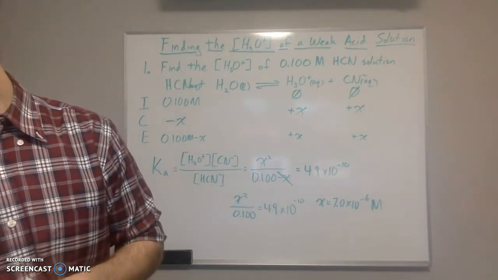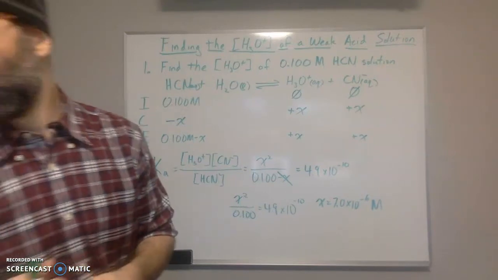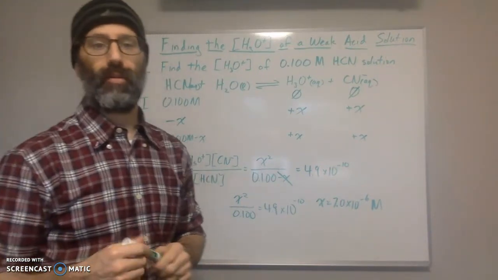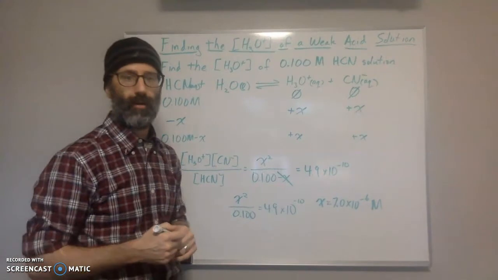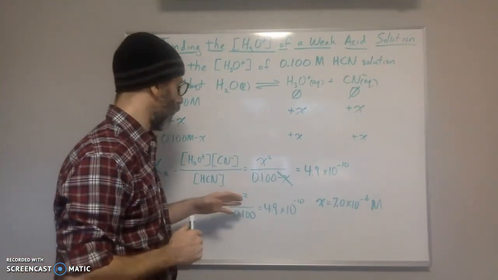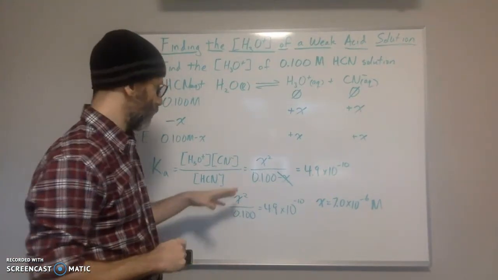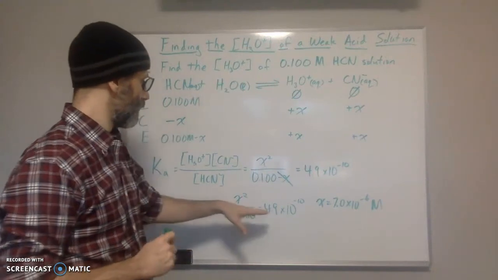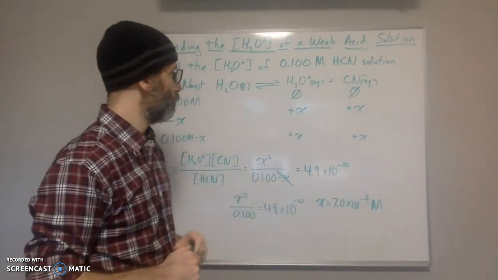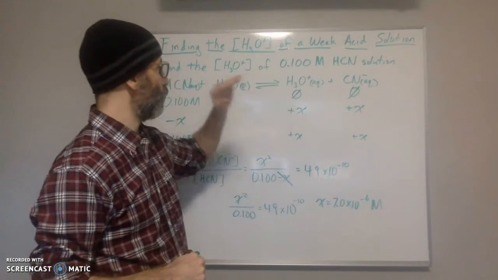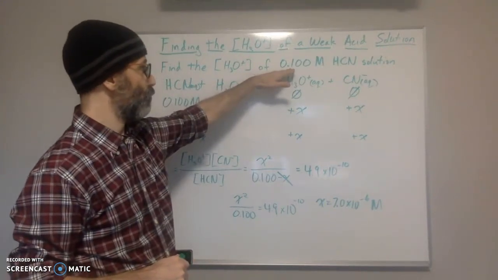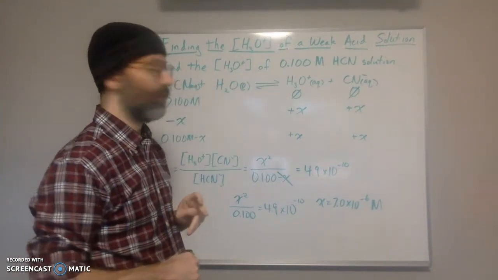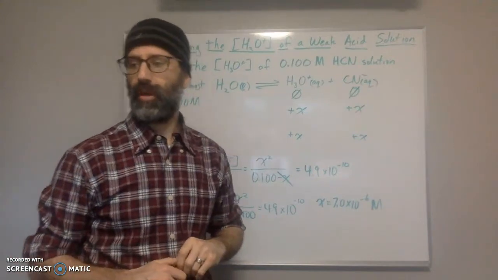Okay, so then we can use the 5% rule and see if that works out. The way we do that is we take our x value and relate it to HCN and see if that follows the 5% rule.